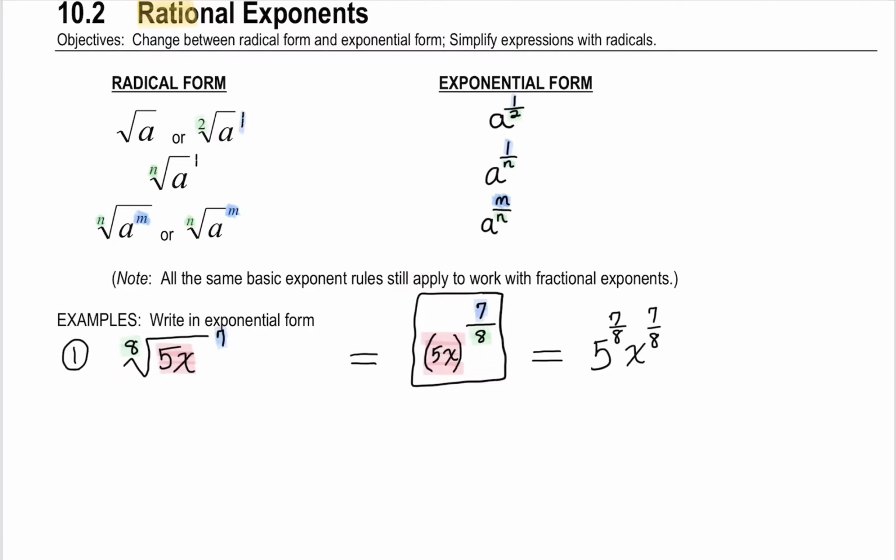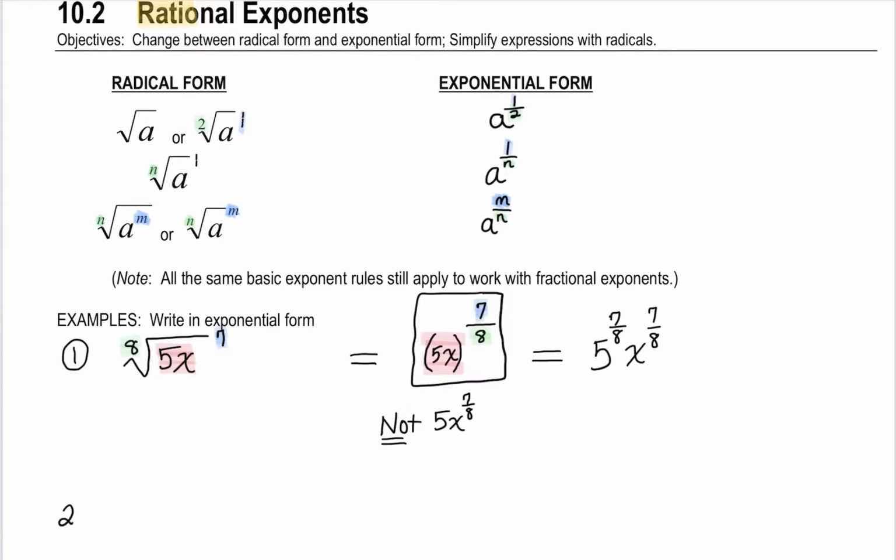But it would not be okay to just say 5x to the 7/8, because that implies that only x was underneath the radical, and that's not the case. So whatever is under the radical has to be under the rational exponent.